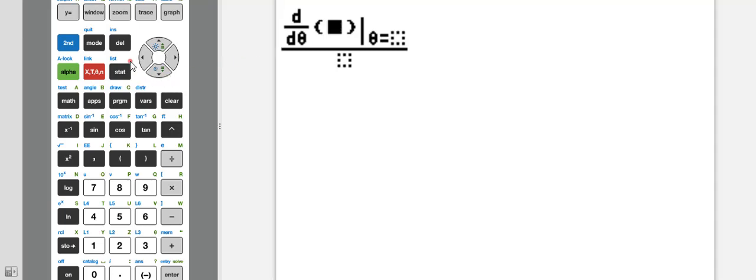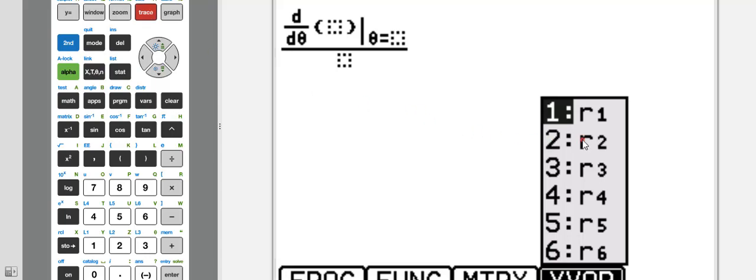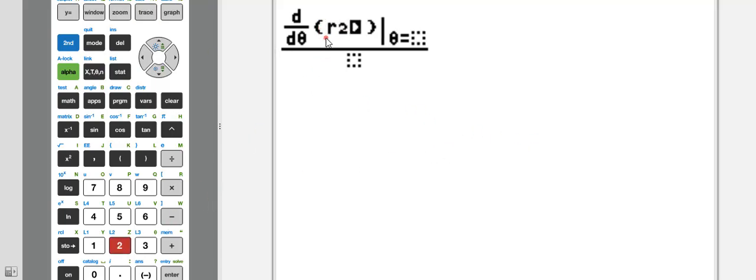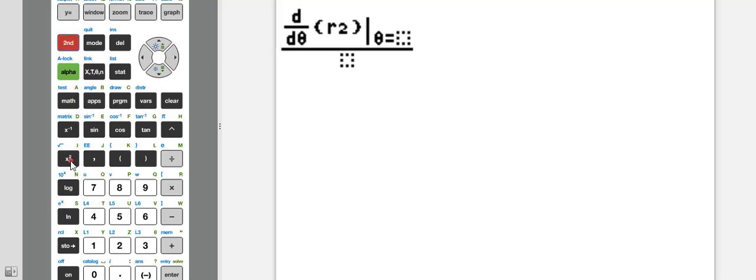So we need to choose alpha trace and choose number 2 for R2, because that was our y value. Our y was R2. And then theta is pi over 6.